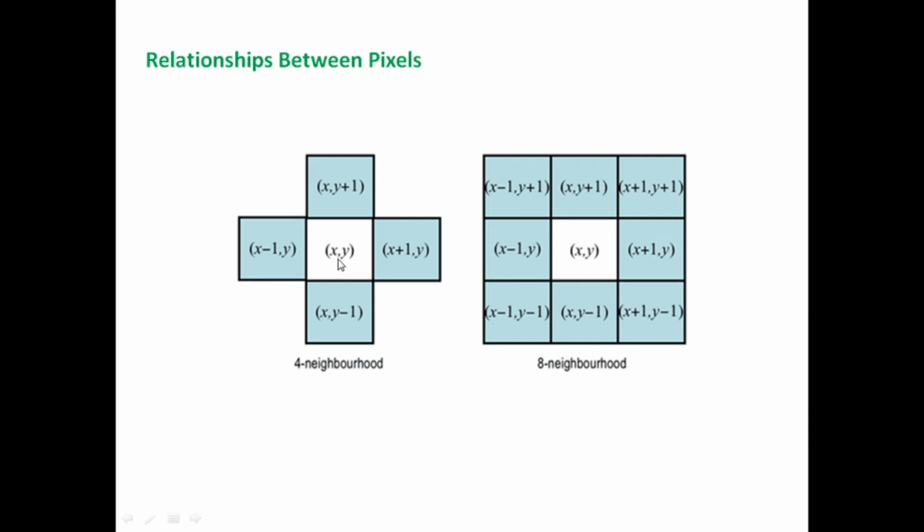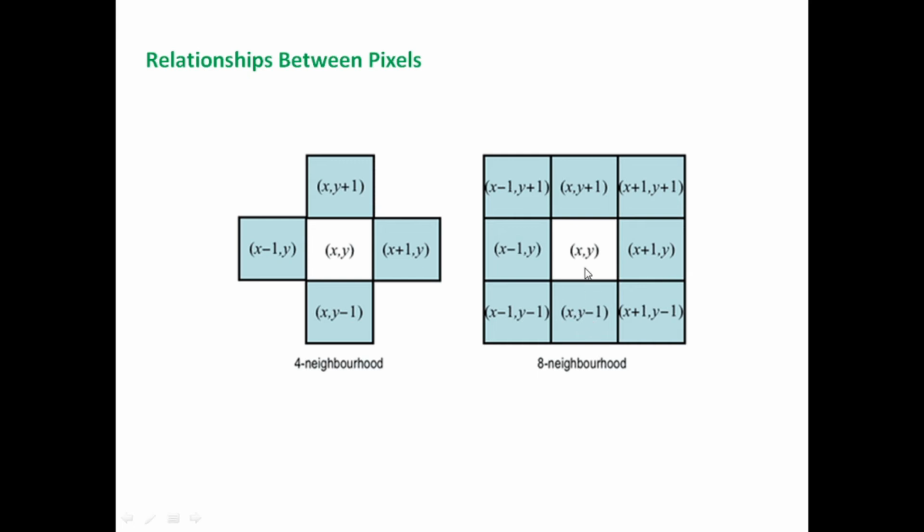So x comma y is the center pixel location, x comma y plus 1 is the above pixel location, and x comma y minus 1 is the below pixel location. In a similar manner, we have 2 more pixel locations here as well as here. So this is the 4 neighborhood. That means this central pixel is connected with 4 pixels in its surroundings. That is why it is a 4 neighborhood.